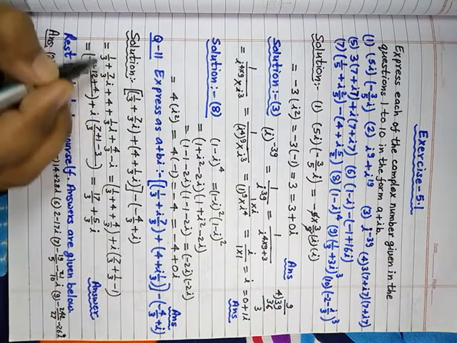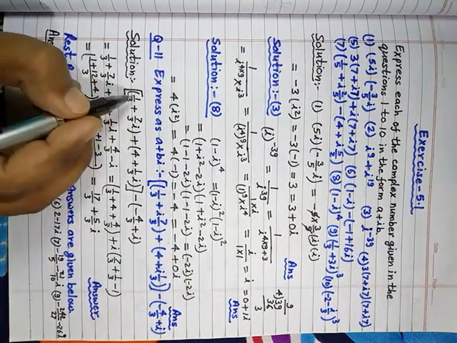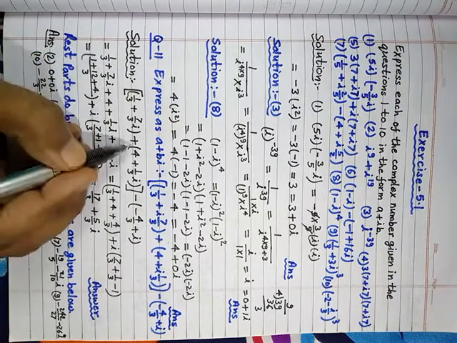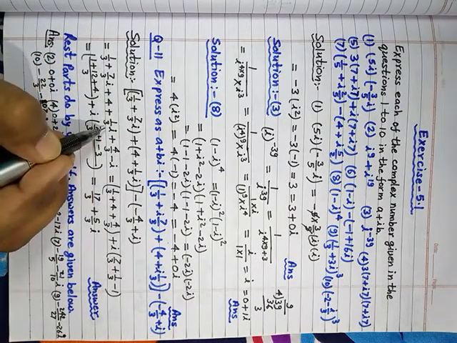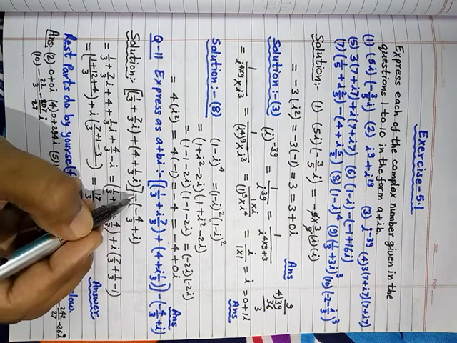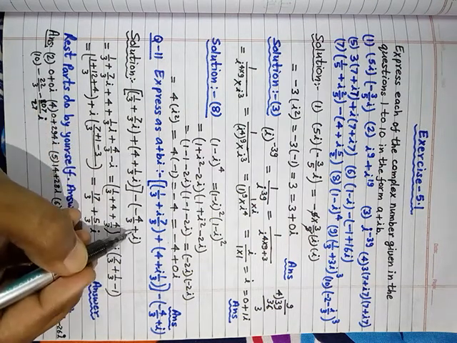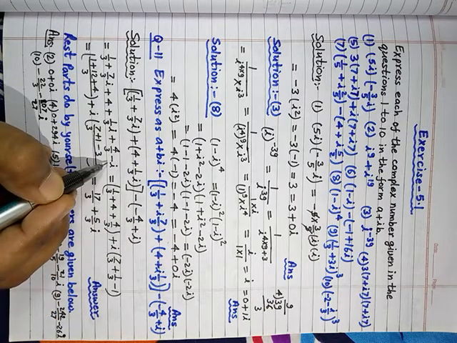Now simplify, open the brackets: 1 upon 3 plus 7 upon 3 i plus 4 plus 1 by 3 i, and opening the last bracket, minus 4 by 3 minus i.